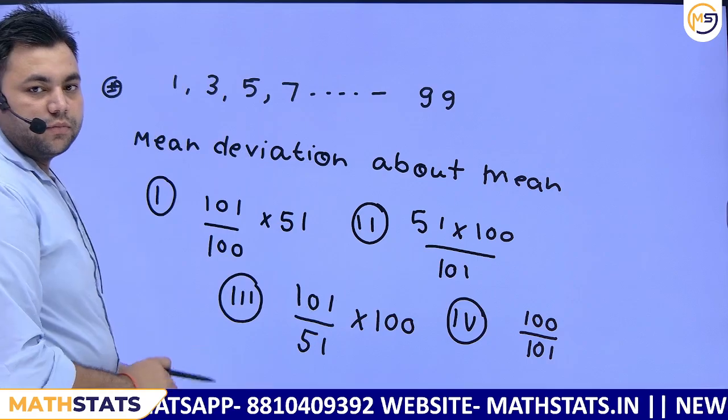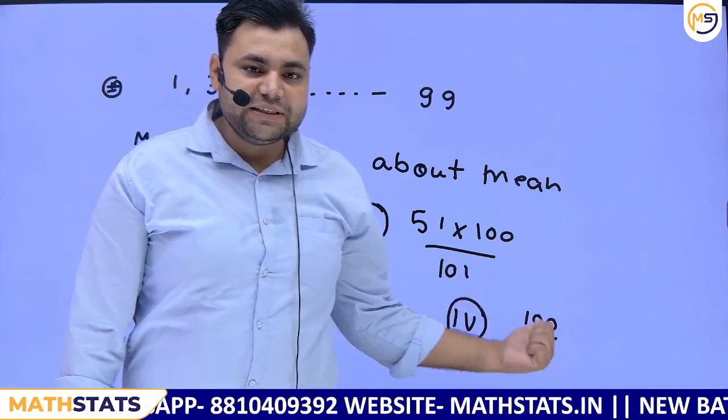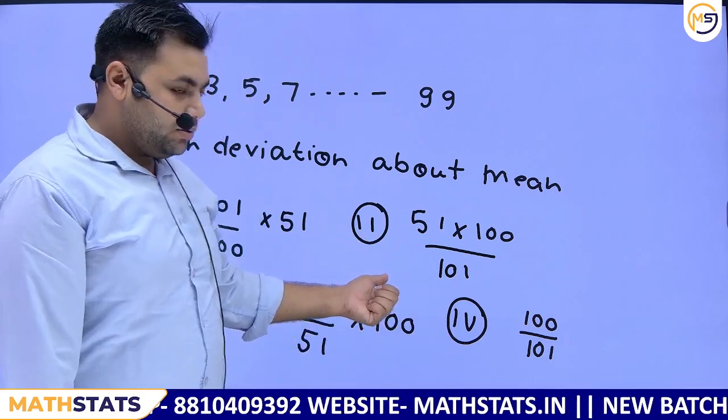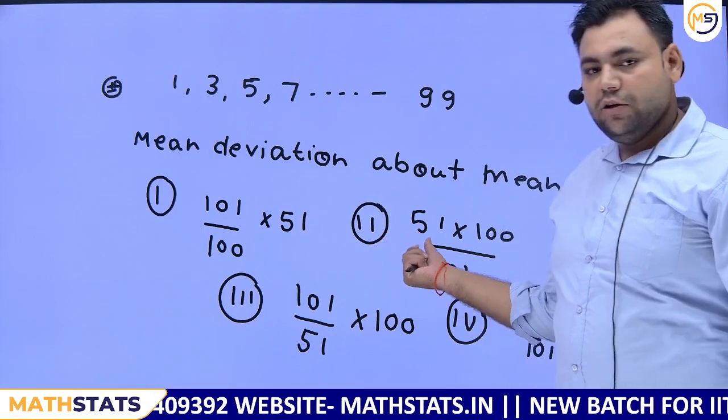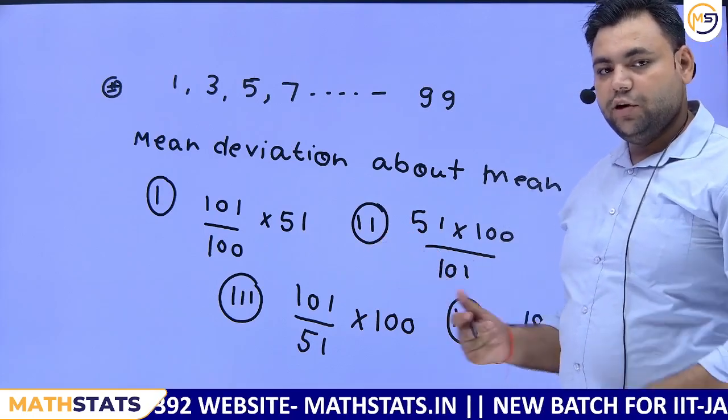Anyone? What is the value of mean deviation about mean is here? What is the value of mean deviation out here? Mean about mean here.